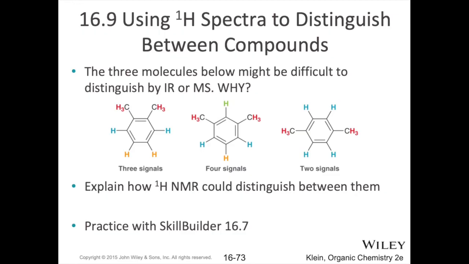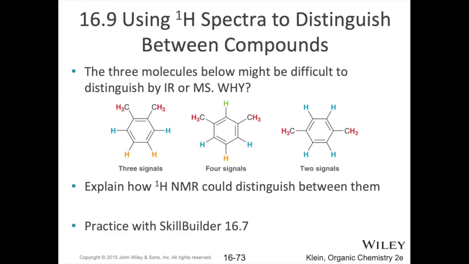We wind up getting more information about in what order these things are arranged. And that's not even getting into splitting patterns, which of course will tell you even more about how things are connected to each other. So just looking at the symmetry of these molecules alone, you can figure out how many signals you would expect. And even just glancing at the NMR spectra for these three molecules, you'd be able to tell which one's which.